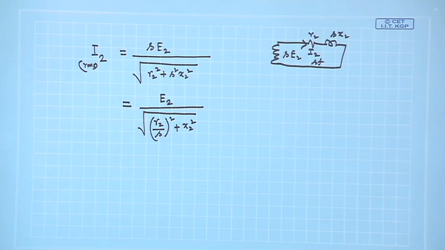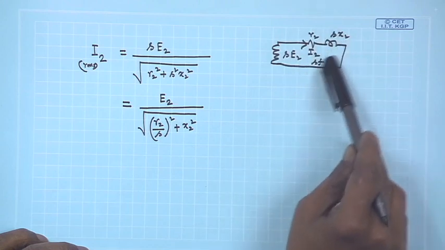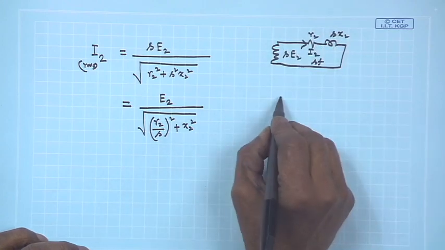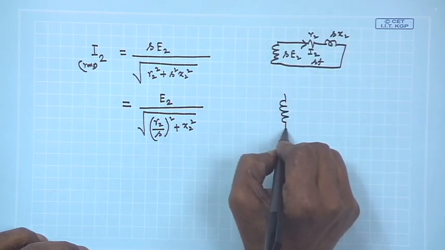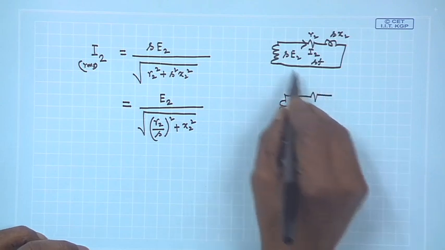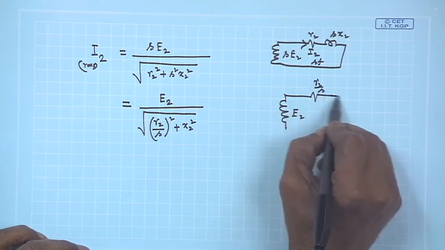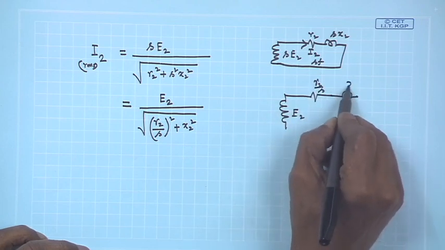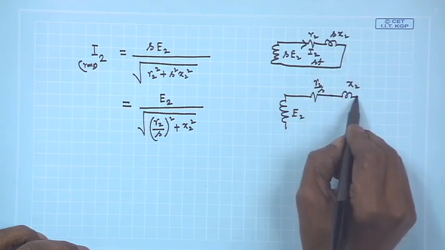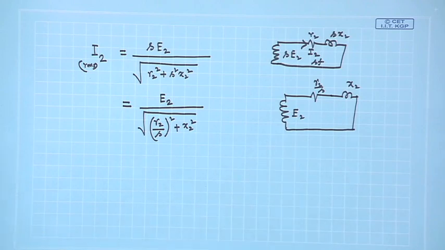I am trying to draw this circuit like this: there is E 2, this resistance you divide by S, it is R 2 by S, and this reactance you divide by S, you get X 2, and you close this.